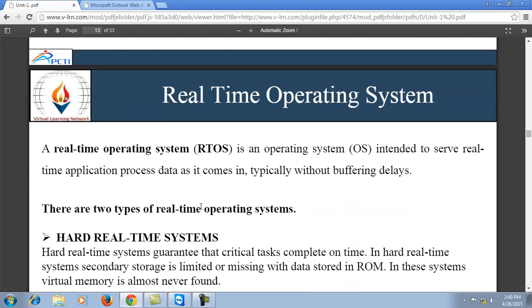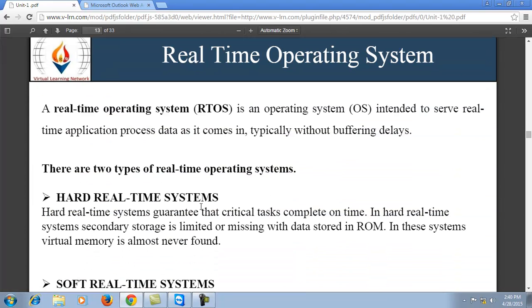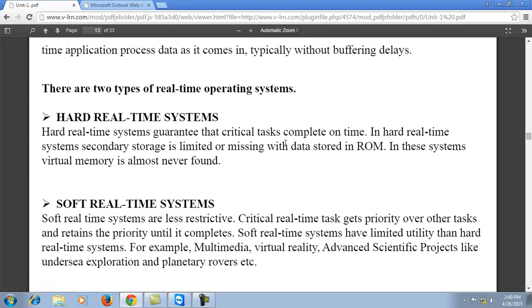Now the real-time system. There are two types of real-time system. A real-time operating system is an operating system intended to serve real-time applications, processing data as it comes in, typically without buffering delay. This means it doesn't take much time for buffering or processing the data and generating the results. We have two types, as I discussed before: hard real-time system and soft real-time system.